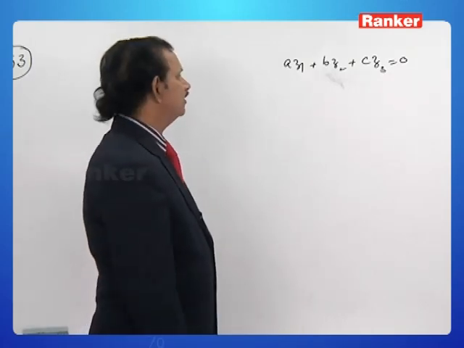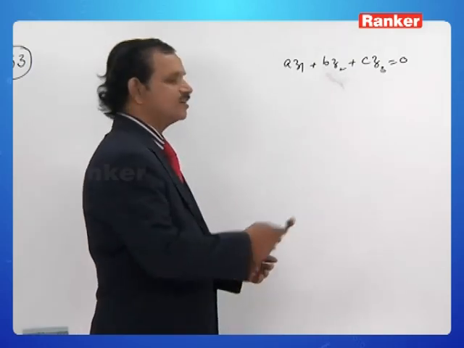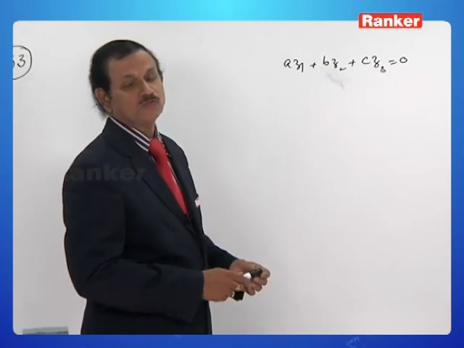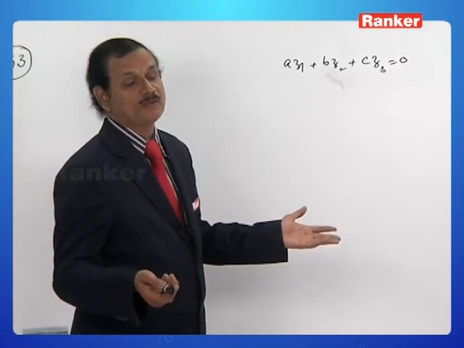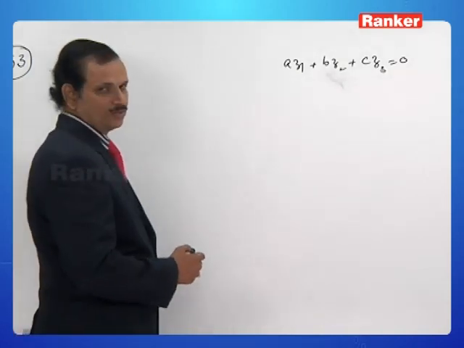So as they are collinear, Z3 divides Z1 and Z2 in a particular ratio, and in the place of minus we have A plus B, so that A plus B plus C is equal to 0.